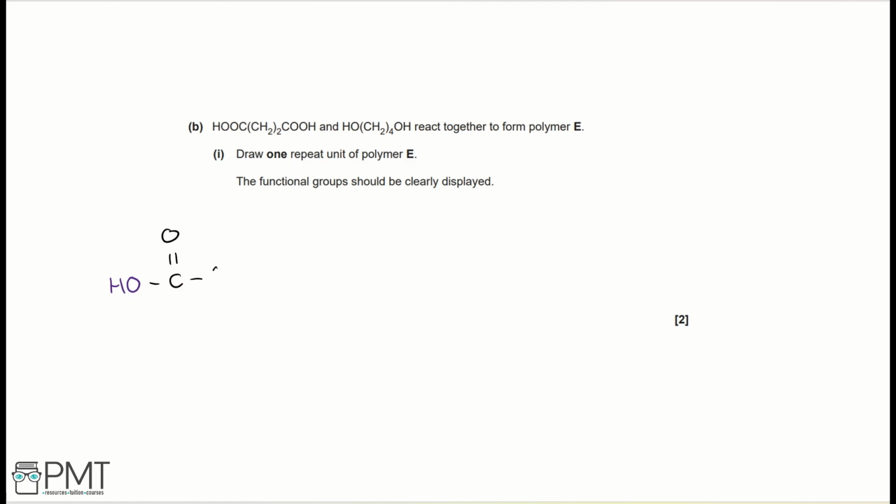We have our CH2 group that's times by 2, and then we have our C double bond O, and then another OH. So then we're reacting with this diol, so we have our OH, and then we've got CH2 brackets 4 and our OH again.